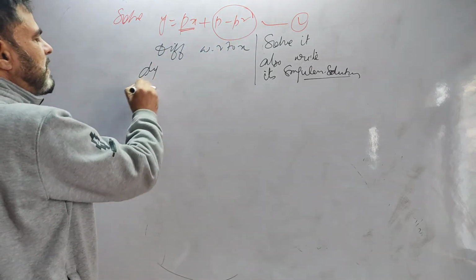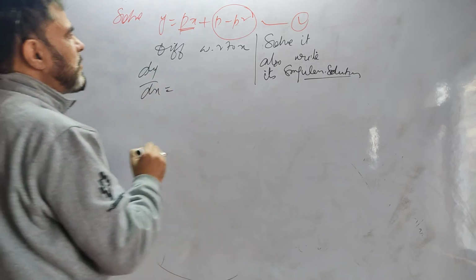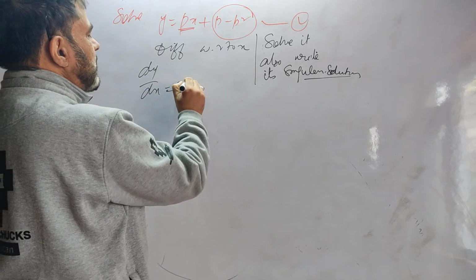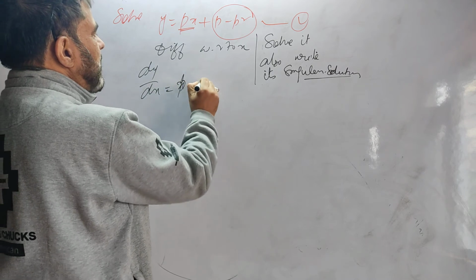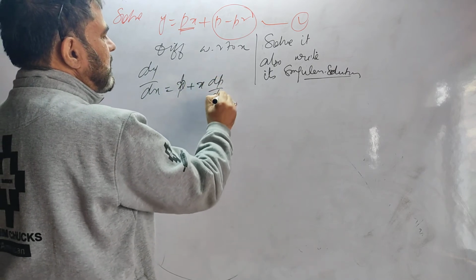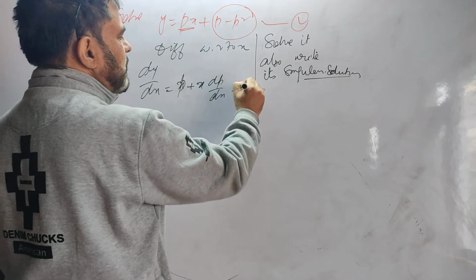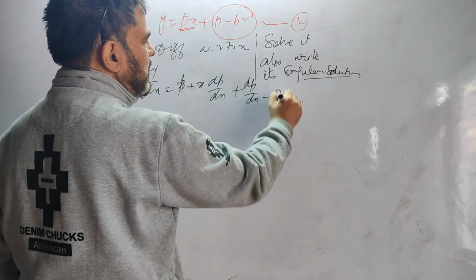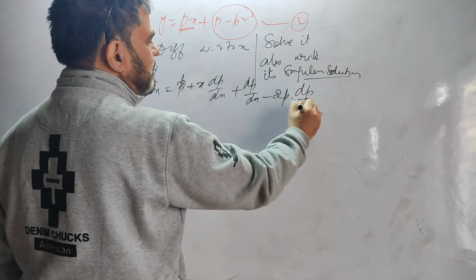This will be dy by dx is equal to p plus x dp by dx plus derivative of p with respect to x, which is dp by dx, minus derivative of p square, it is 2p dp by dx.